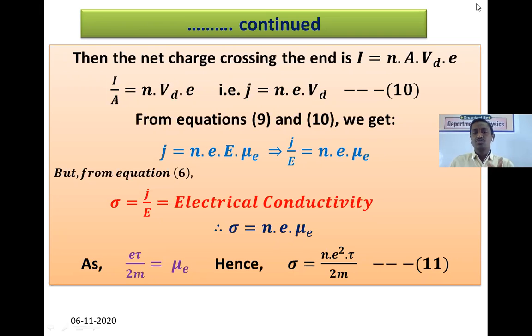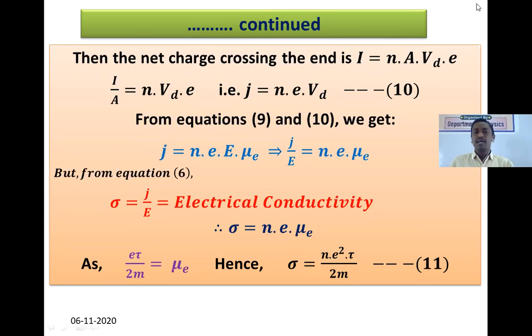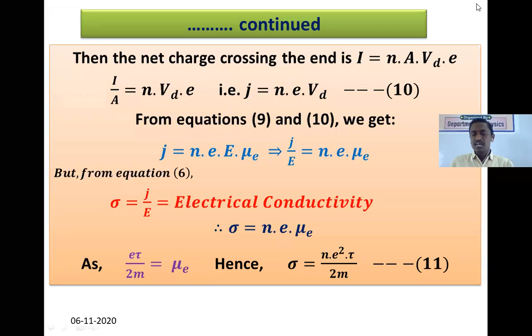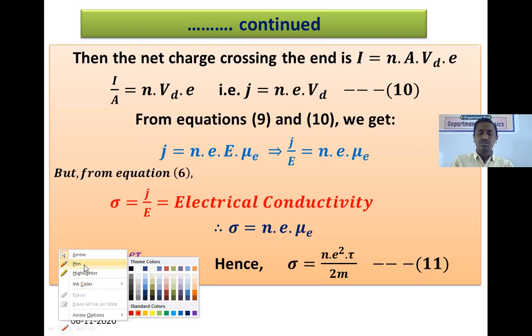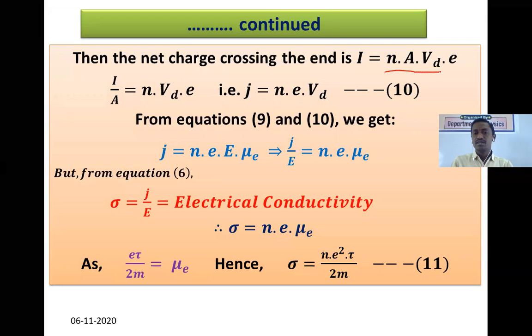If we multiply the number of charges by the charge of each particle, then we get the total current through the particular cross-sectional area. So n into A into Vd into E will be the net current through any end of the conductor.